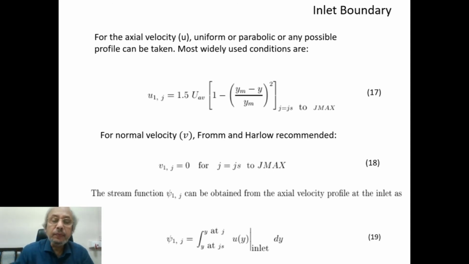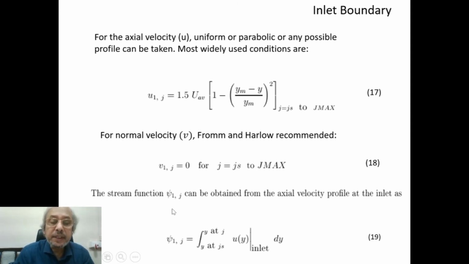Of course, at the inflow plane, I equal to 1. So J will vary from Js at the solid surface to J max. And on all J points, it will be 0. V(1, J) equal to 0. That is equation 18.